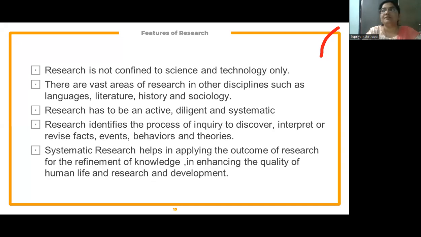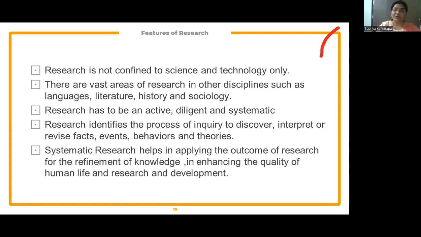If suppose anyone does not do it systematically, what will happen? There is a broad roadmap of research. If one does not follow that roadmap, then, as you must have already read somewhere, the literature review is one of the important topics. So why should the literature review be done by every researcher?